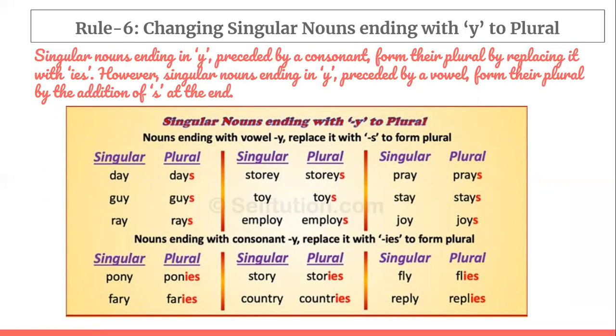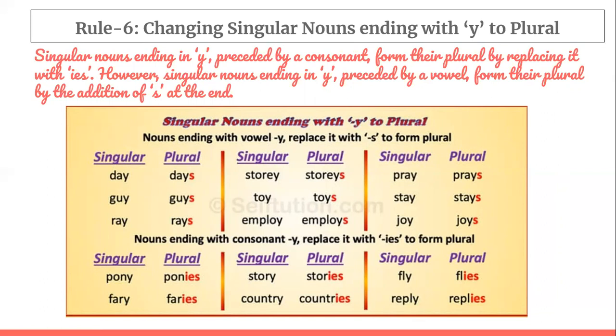Okay, so the nouns ending with a vowel before the y, you're just adding an s to it. But the nouns which end with a consonant before the y, we're going to replace the y with ies. So pony becomes ponies, country becomes countries, baby becomes babies, lady will become ladies.